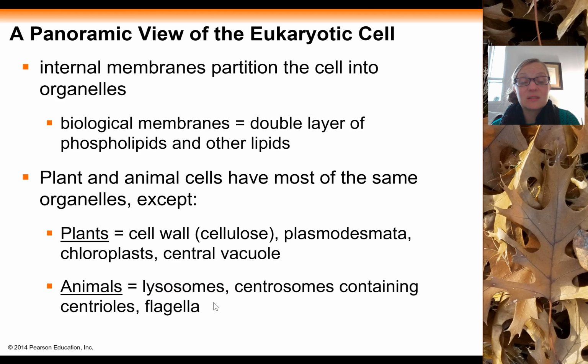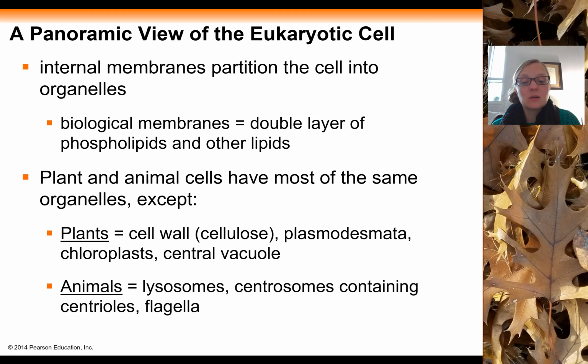This is like the stomach of the cell. Your stomach helps you digest food, has a really low pH. Well, a lysosome in an animal cell helps digest macromolecules and has a really low pH. Same thing. Animals, their cells also oftentimes will have centrosomes containing centrioles. We're going to come back to this a couple of times throughout this semester, but essentially a centrosome is an area in the cell that helps to build the cell's skeleton.